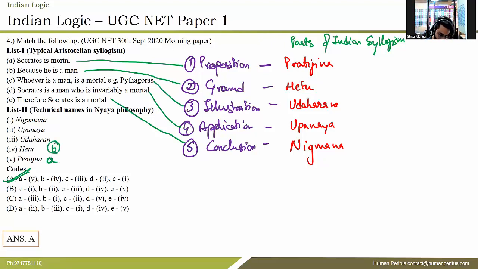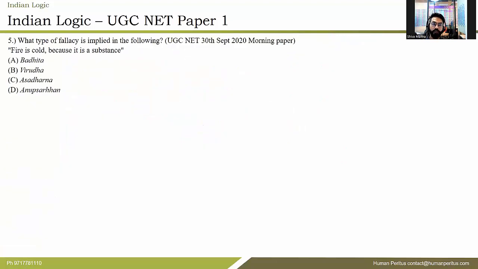You can put B here. Whoever is a man is a mortal. Example, C. Socrates is invariably a mortal, that is application, D and E. So what the answer says, 5, 4, 3, 2, 1. The correct answer is A. All right. Everybody clear? Perfect. Moving on to the next question.